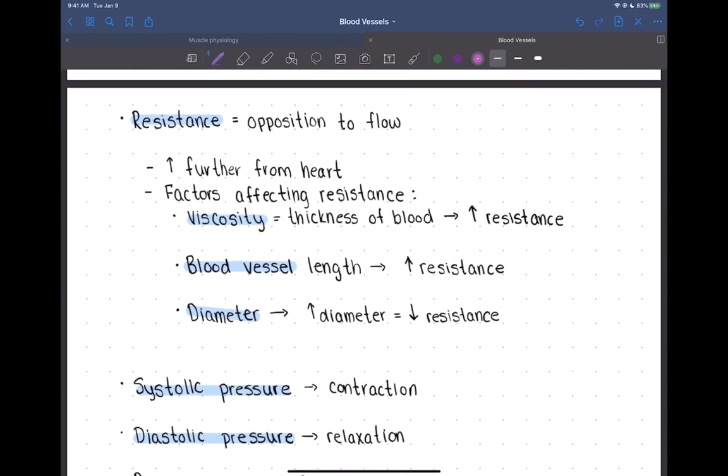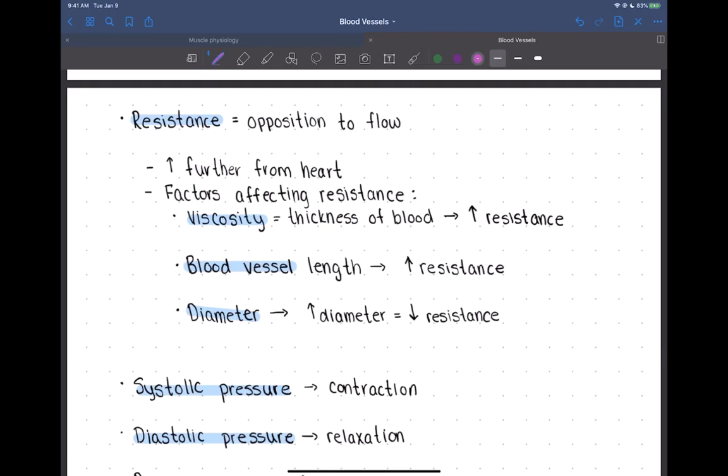Viscosity is just the idea, how thick is the blood? As the blood gets thicker, the resistance increases and it's harder for that blood to move. That should make sense. So think of drinking water through a straw versus drinking a milkshake through a straw. Much harder to drink a milkshake through a straw because it's so thick.